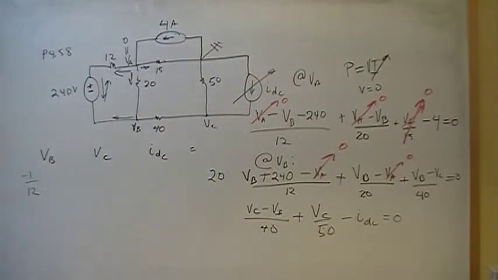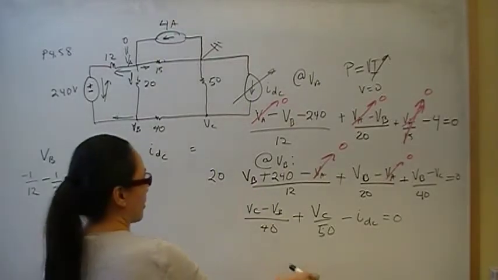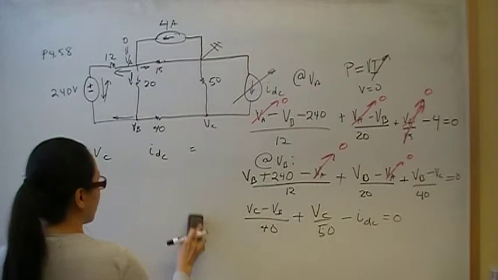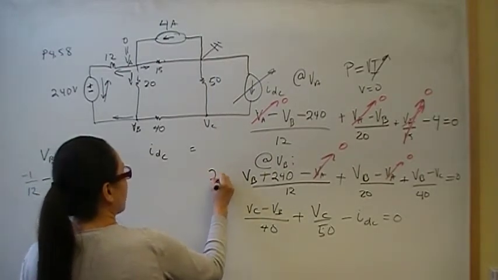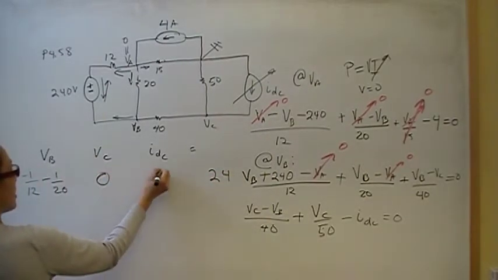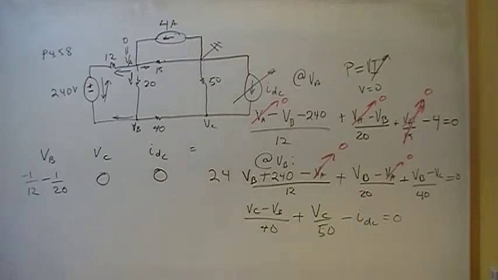Next term is, well, the VA is 0, so negative VB. Again, we have a VB term of negative 1 over 20, so minus 1/20. And then a negative 4, so it's going to come on this side as a positive 4 and combine with this to be 24. So we got 0 VC and 0 for IDC. At this point we could solve for VB, but why do that when we have a fancy calculator?